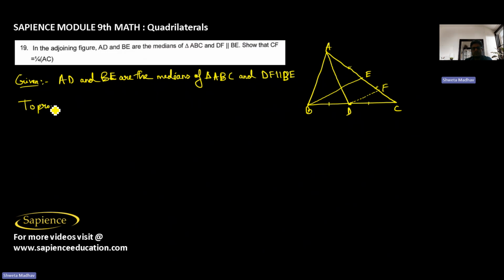And we have to prove that CF equals 1/4 of AC.